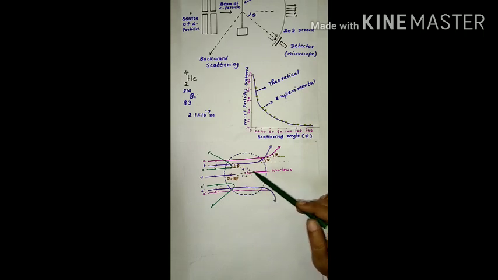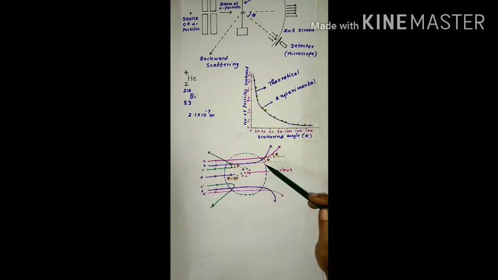Second, the mass of the atom is concentrated in a very small region called the nucleus of the atom. And the third conclusion is that the nucleus is surrounded by a cloud of electrons whose total negative charge is equal to the total positive charge on the nucleus, so that the atom as a whole is electrically neutral.